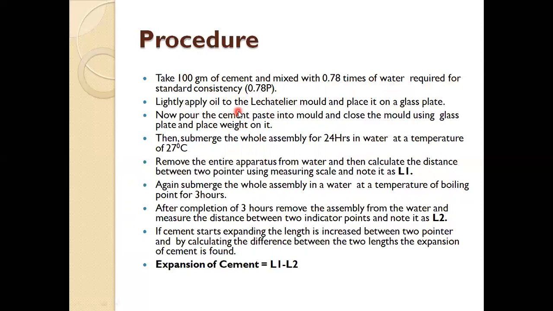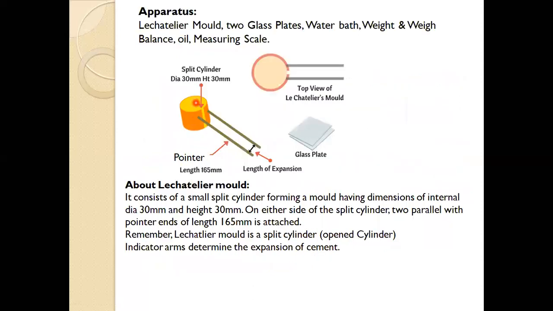Next is apply oil to the Le Chatelier mold and place it on a glass plate. So after taking the cement and mixing it with the water, we have to apply the oil on the inside of the Le Chatelier mold, and one glass plate is placed below the mold.